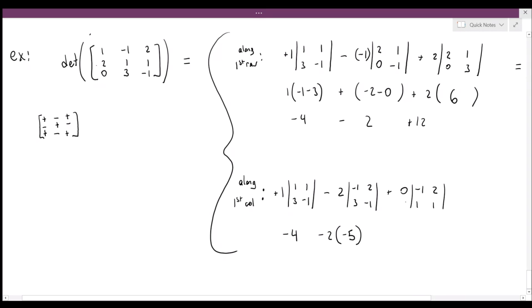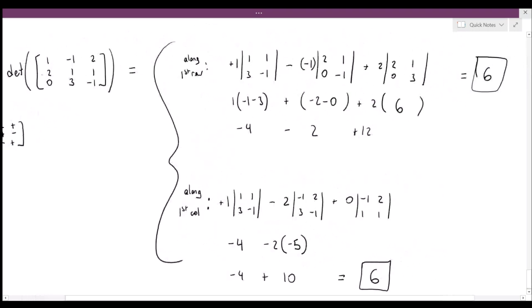And then this last one should be 0, just because you're multiplying by 0. So then we have -4 plus 10. And again, that gives us the same answer of 6 for the determinant. Okay.